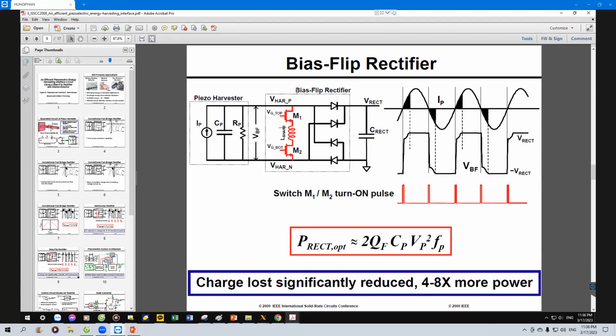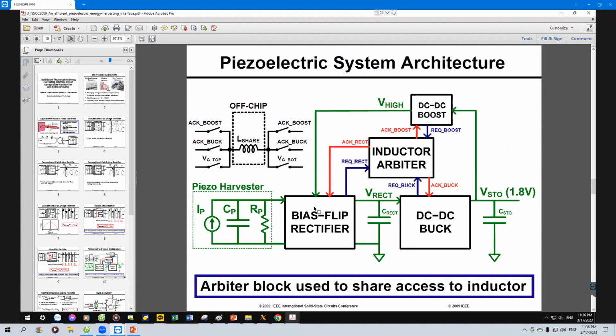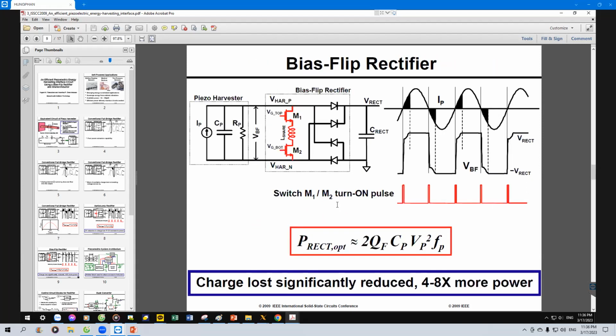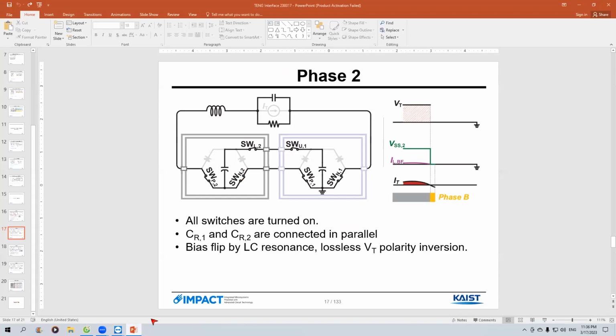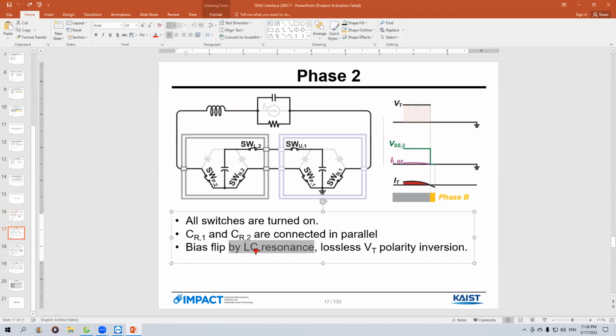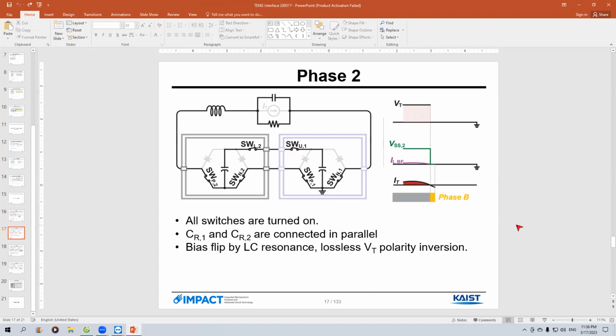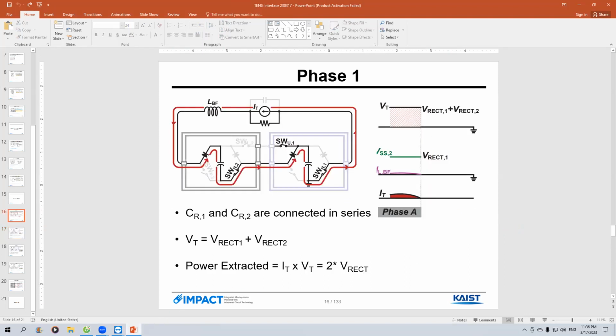So it is called bias flip. I see. Yeah, RC resonance. So it will flip the voltage.